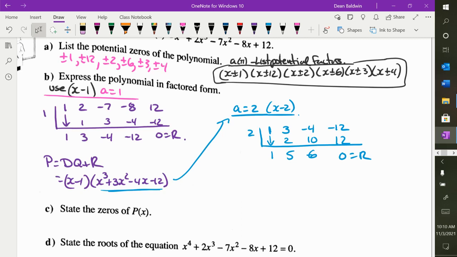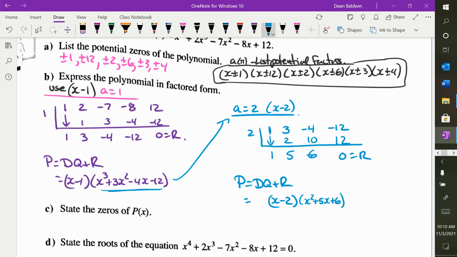Yeah. That's good. Why is that good? Because it means it's a factor. We write it as P is equal to DQ plus R. Our divisor was x minus 2. I'm leaving some room there on purpose. What's my quotient now? X squared plus 5x plus 6.